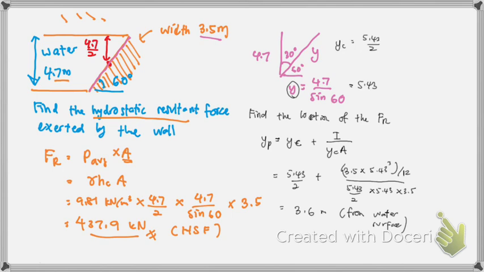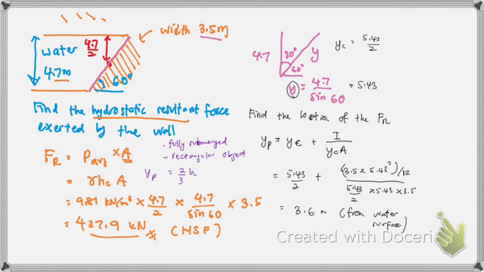The rule of thumb says that if you have a fully submerged plane surface, and it's a rectangular object, then the yp of your resultant force is always acting at 2/3 of the height.